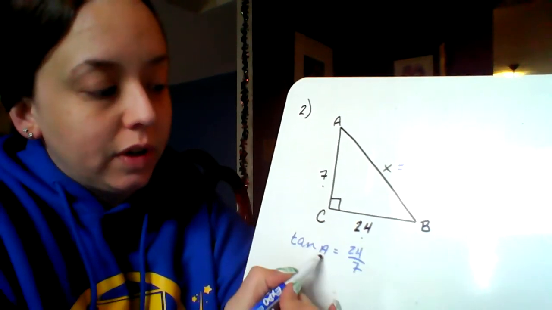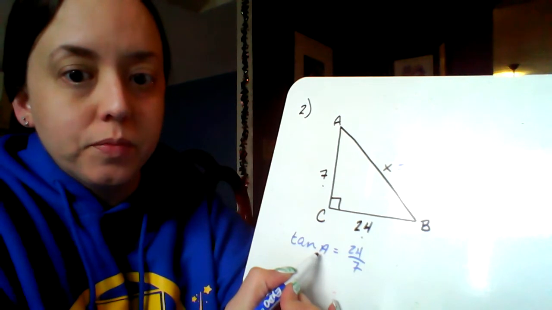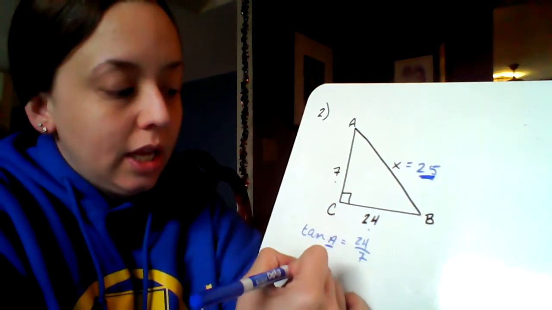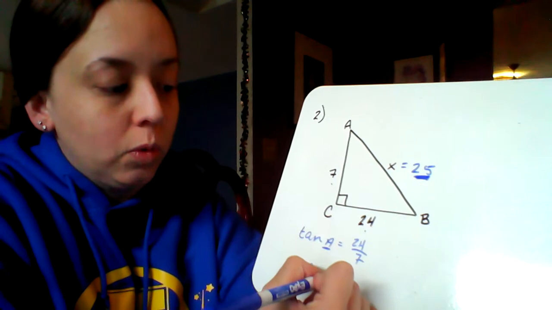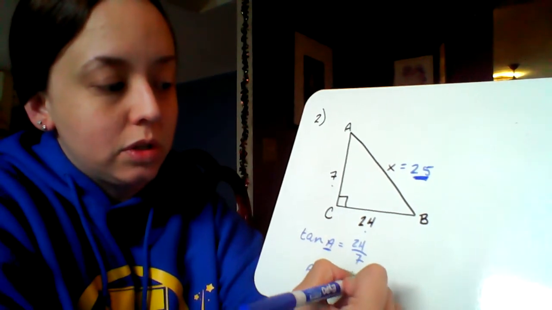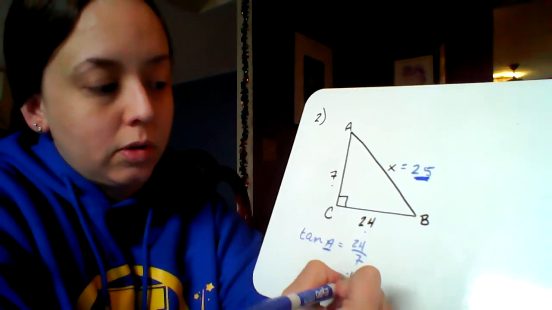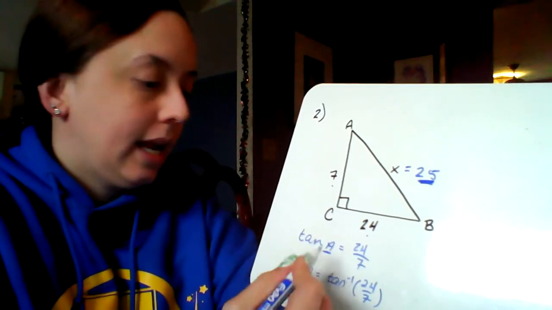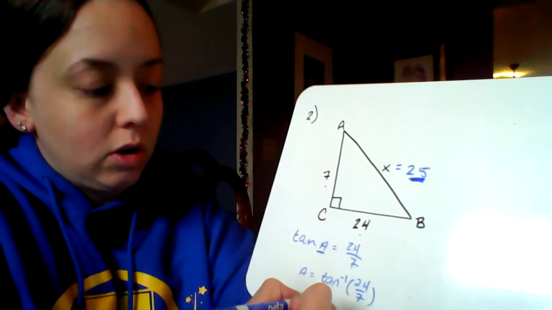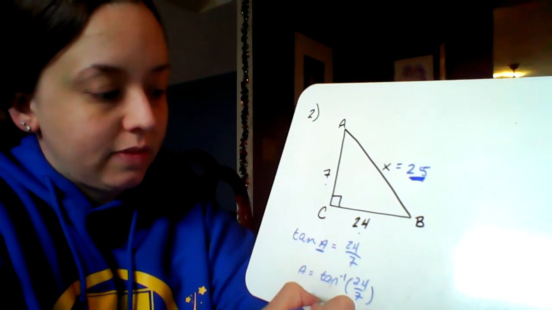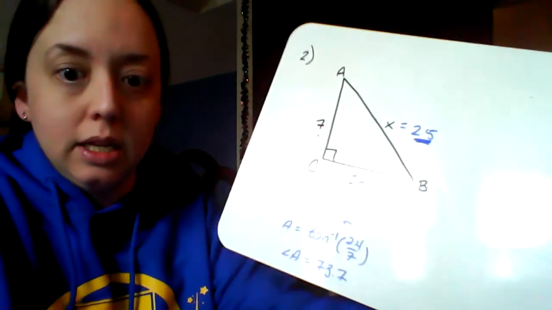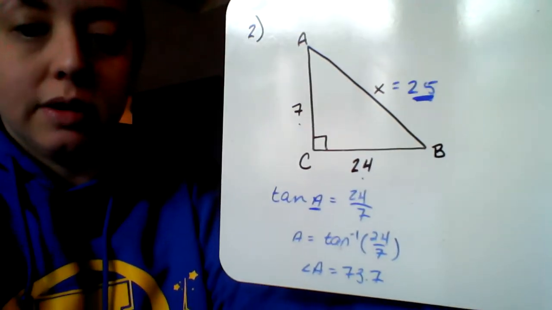And when you're solving for an angle in your calculator, we're typing in inverse. Okay, and angle A here is 73.7 degrees when you use inverse tan.